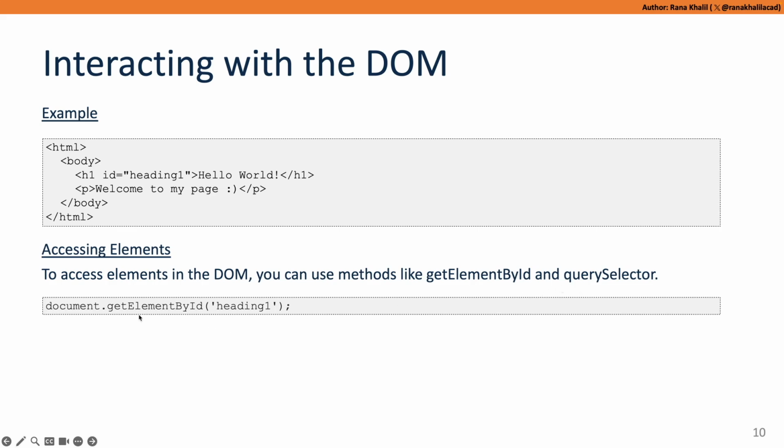The getElementById method takes in an ID of an element and returns the element that has that specific ID. So in our example over here, we're taking in the ID heading 1, which is the ID of the h1 element. And so the getElementById function will return the h1 element.